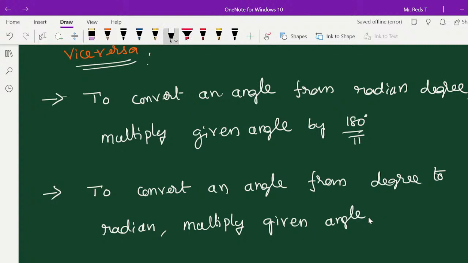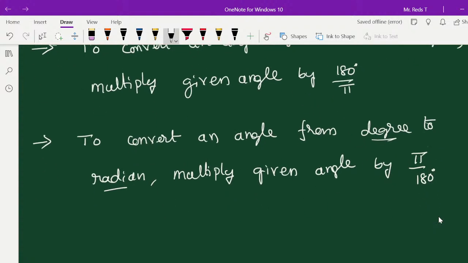The angle is given in degrees, since we are trying to convert from degree to radian. So multiply the given angle by pi by 180, or pi radian by 180 degrees. Then you will get the final answer in radians.